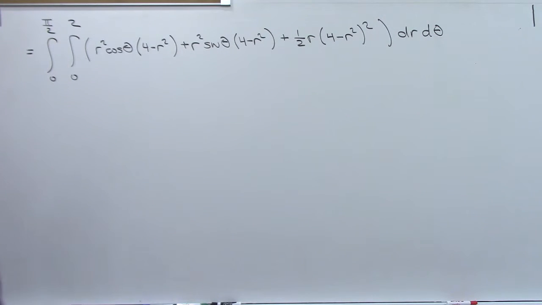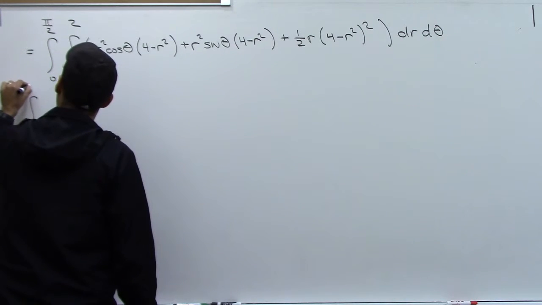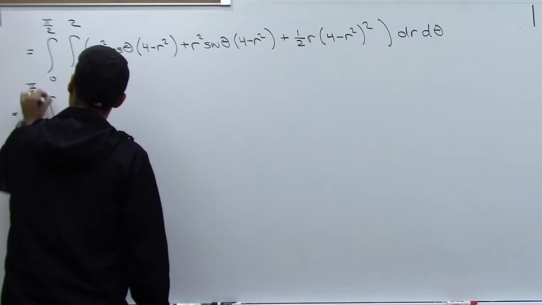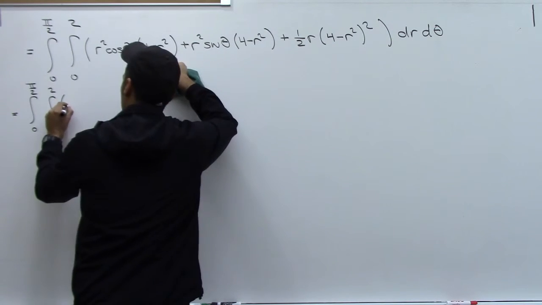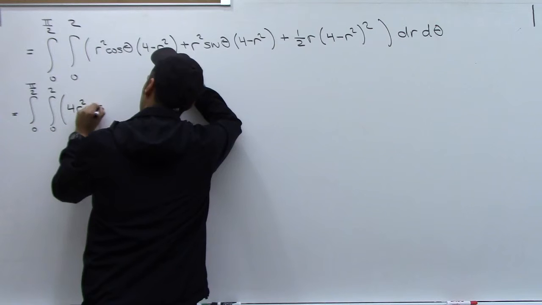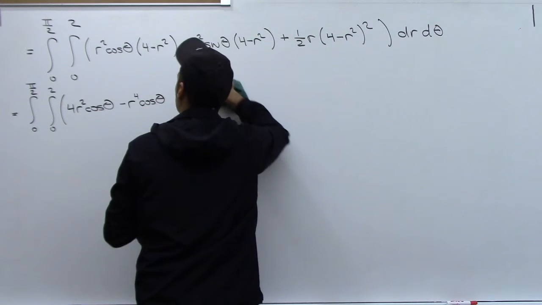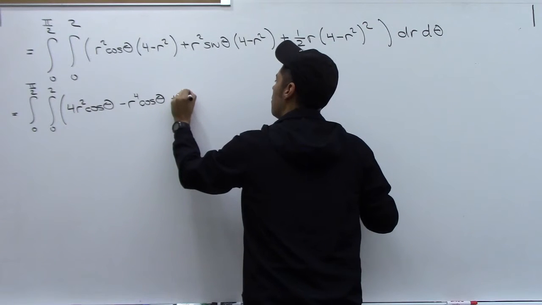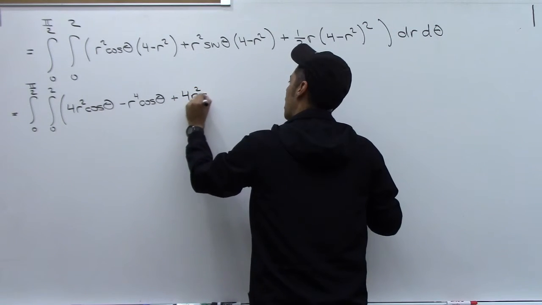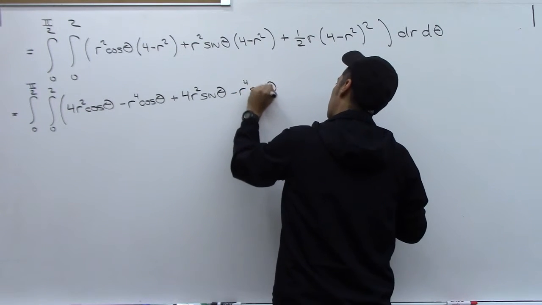All right, I think I'm going to try and expand this all out. Integral 0 to pi over 2, integral 0 to 2. I'm just doing some algebra here, distributing. So I get 4r squared cosine theta minus r to the 4th cosine theta, plus 4r squared sine theta minus r to the 4th sine theta.